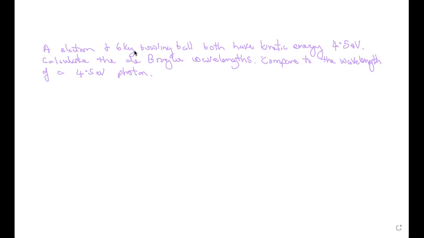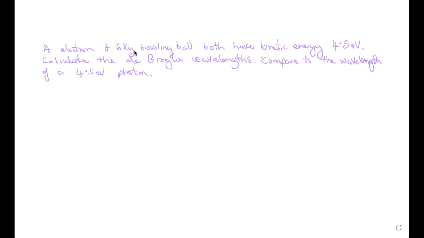Now, one beginning remark is that the electron with kinetic energy 4.5 electron volts is a non-relativistic electron. Its speed is much smaller than the speed of light. Likewise, the bowling ball, with just 4.5 electron volts, is a non-relativistic bowling ball.